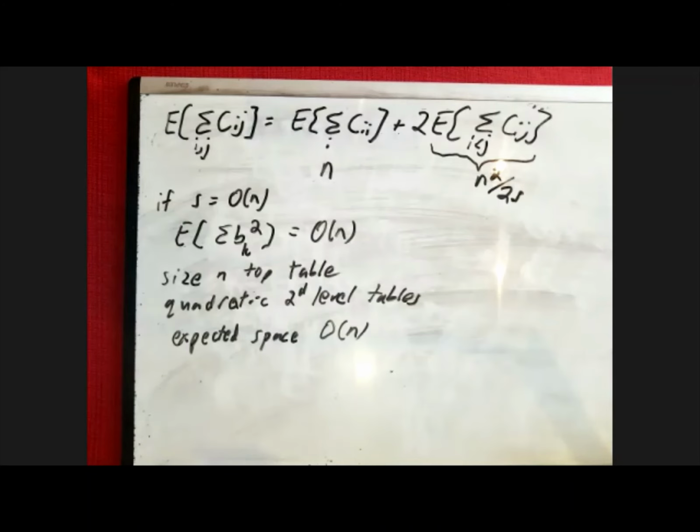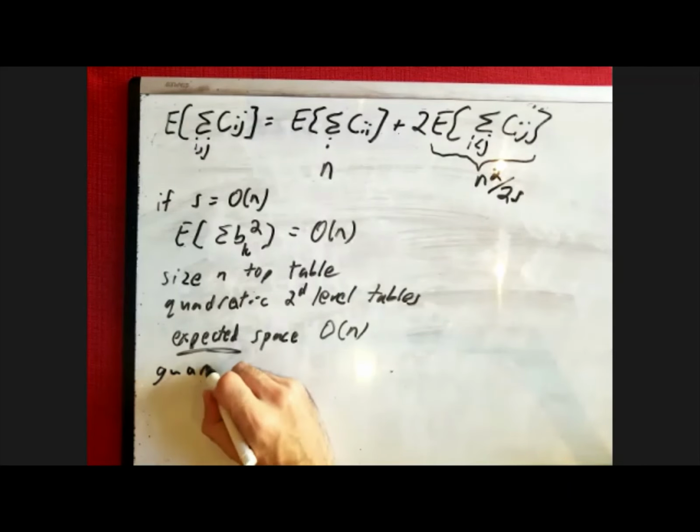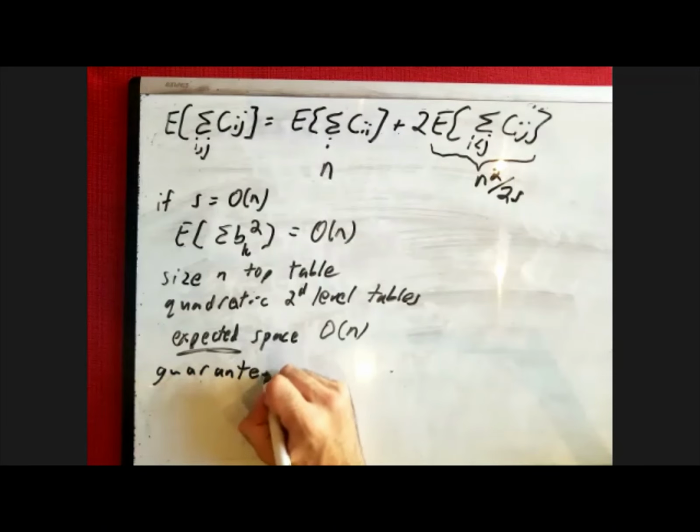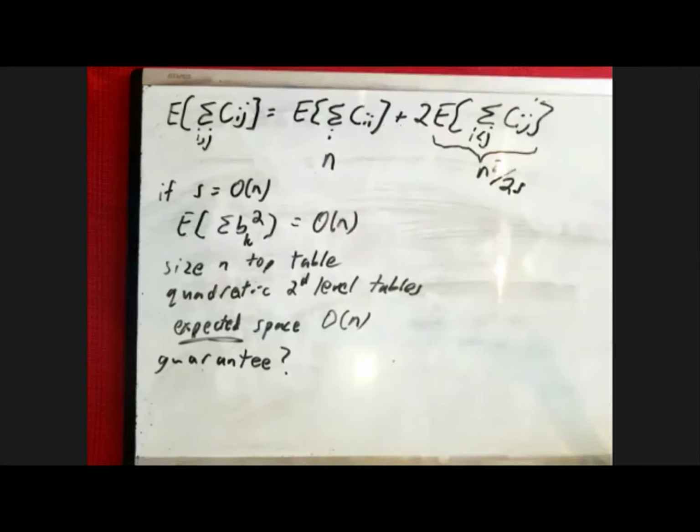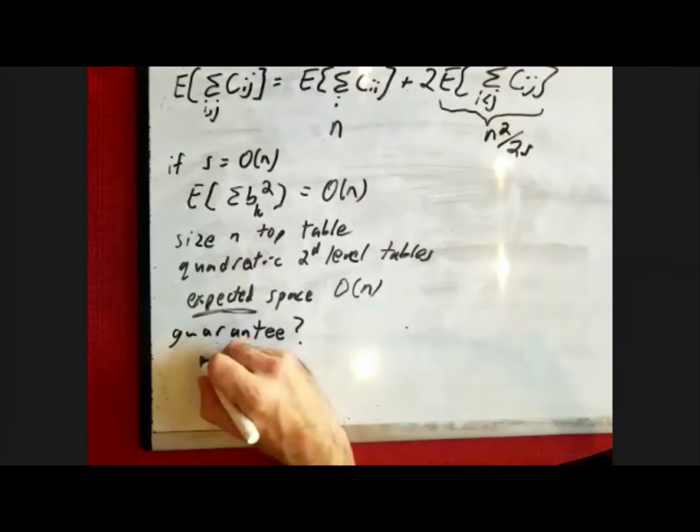Well, I've got one. How do we get beyond an expected space usage to a guarantee? Can we use Markov again? Yeah, we use exactly the same approach.